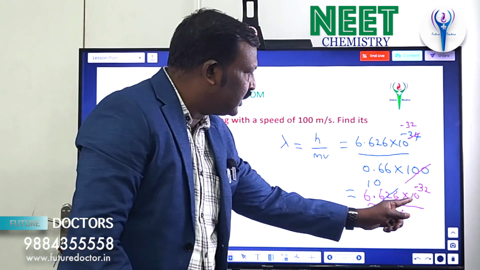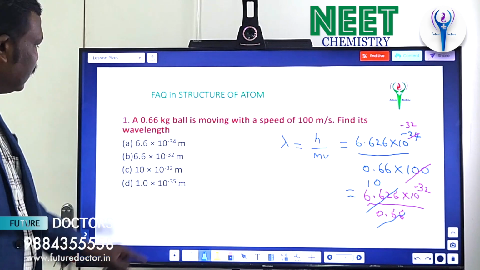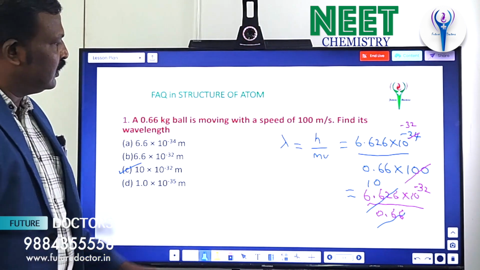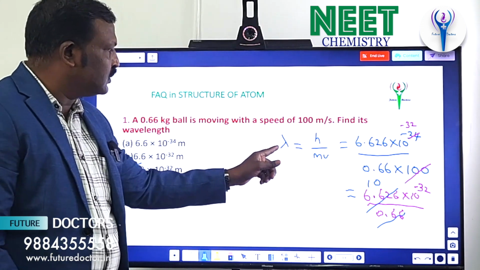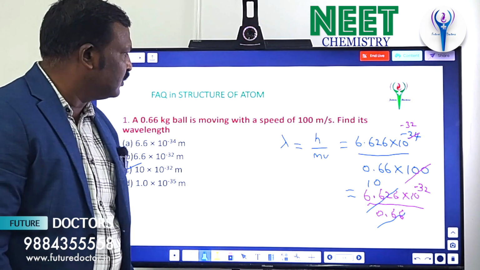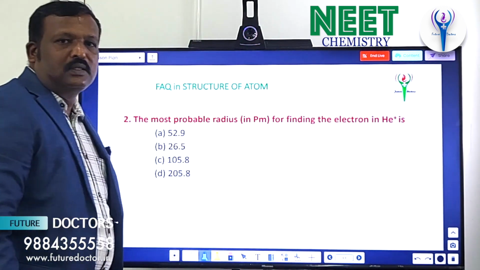So 10 into 10 power minus 32, the answer is 10 into 10 power minus 32 meter. So among these, C is the correct one. Are you following? If you know the formula, you can use it to solve this sum. The formula is lambda is equal to h by mv.